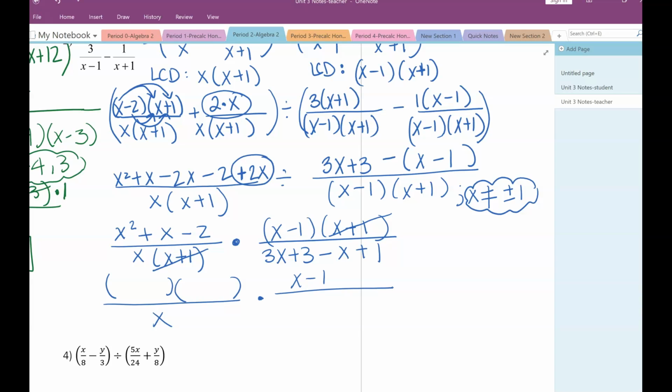Hannah, whenever you're ready, give me your factors. Is it x minus 2 and x plus 1? Is it x minus 2 times the quantity x plus 1? Yes? No? I hear some no's. Okay, try again, team.